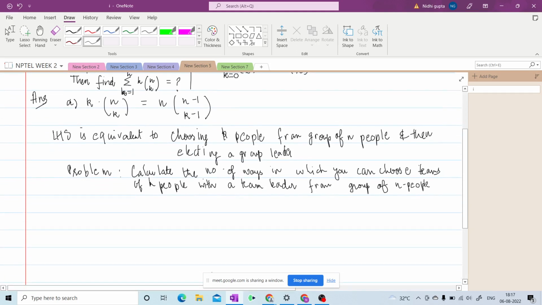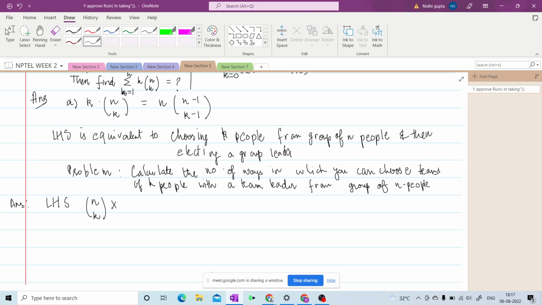One solution is through the LHS: first we choose k people and then elect a group leader. Can you think of solving this problem in some other way so that we get the RHS? We can select the captain or group leader first, then select the remaining k minus 1 from the n minus 1 remaining. Yes, very good.